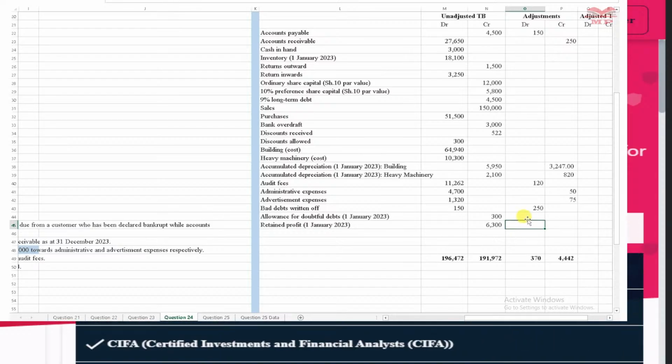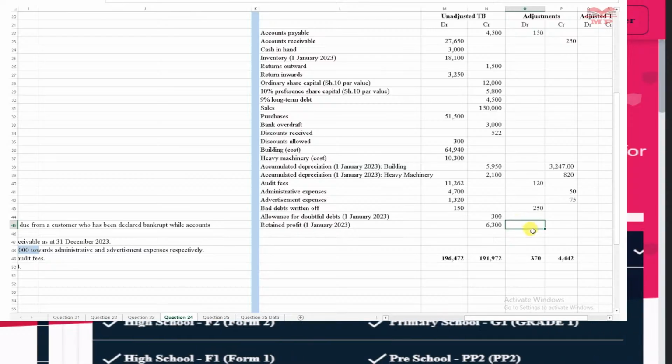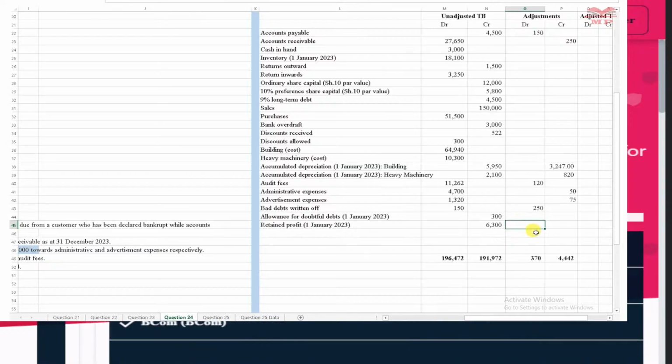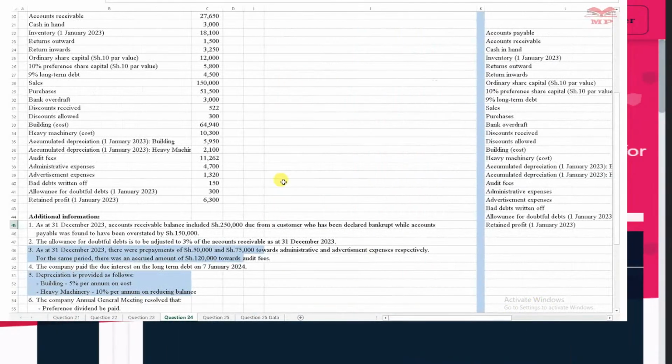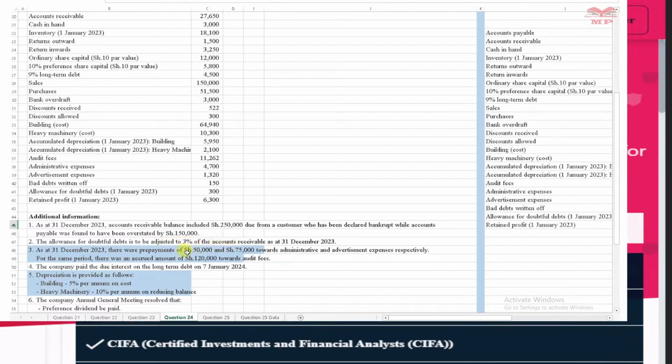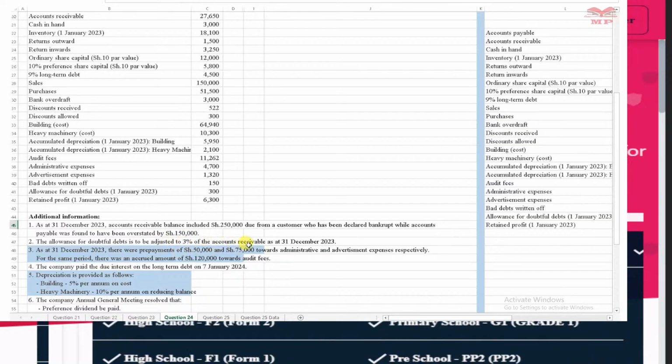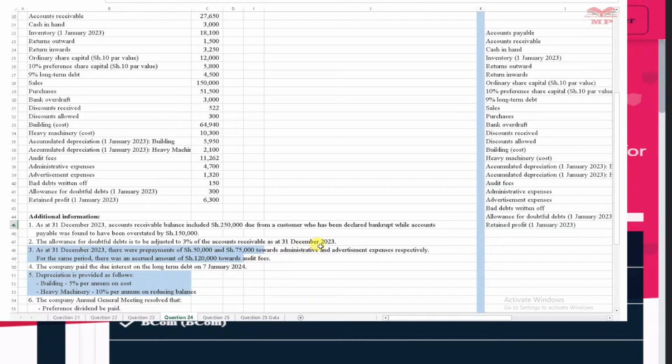Then here we can talk about the retained profits. Anything about retained profits that we've been told there? So allowance for doubtful debts is just to be 3% of accounts receivable as at 31st December 2023.